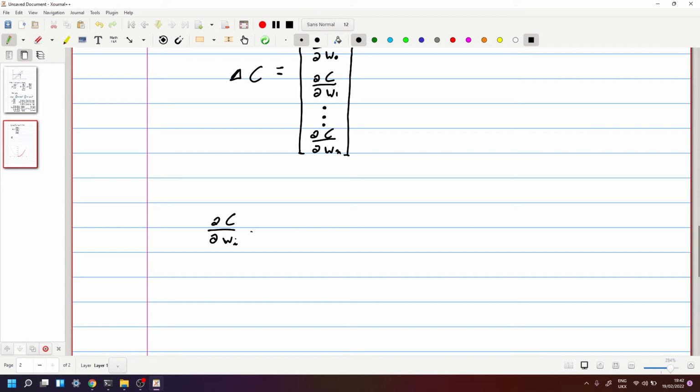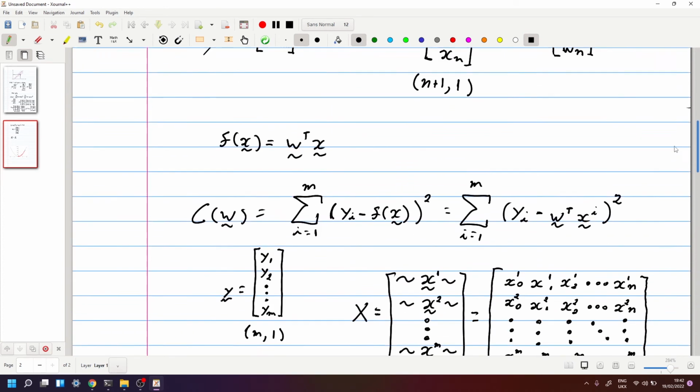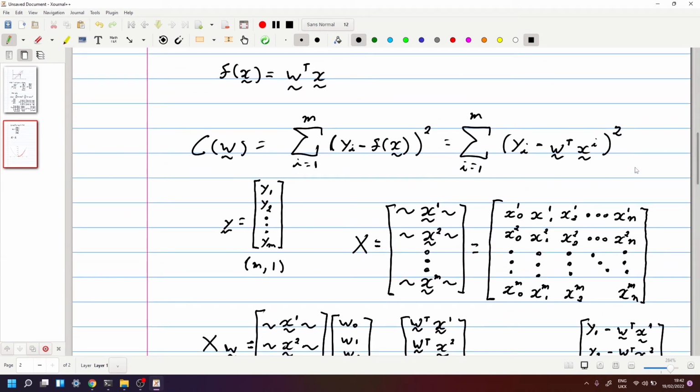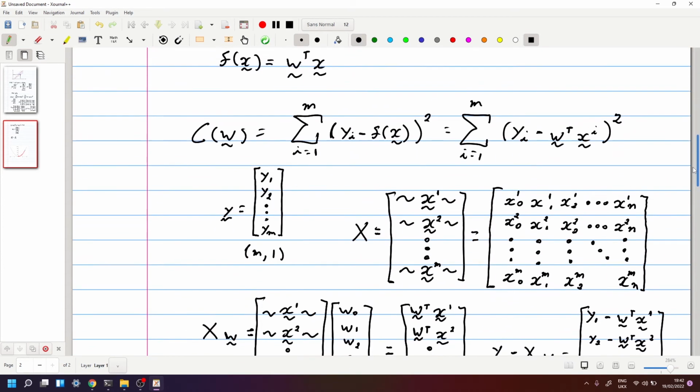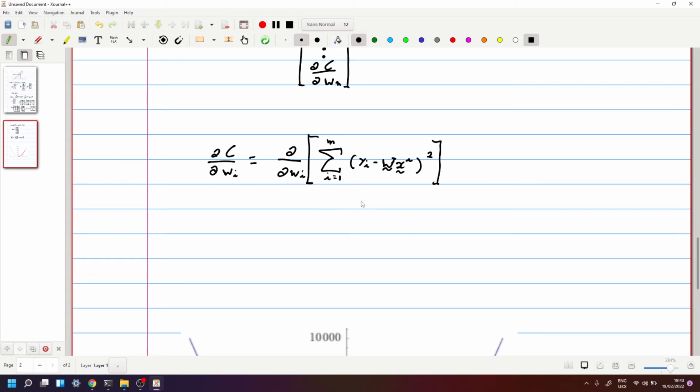So that partial derivative is the partial derivative with respect to wi of our cost function. If we rewrite the cost function here in its non-vectorized form, it's a little bit easier in this particular case. So this is our partial derivative.